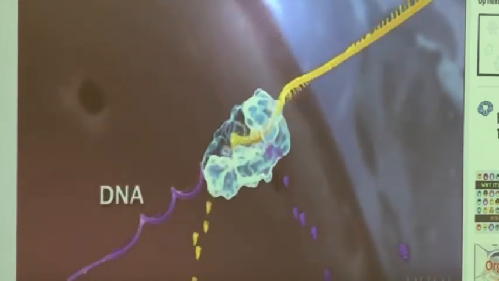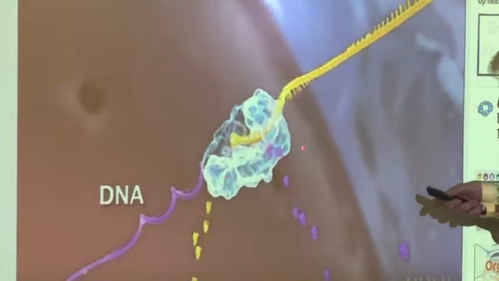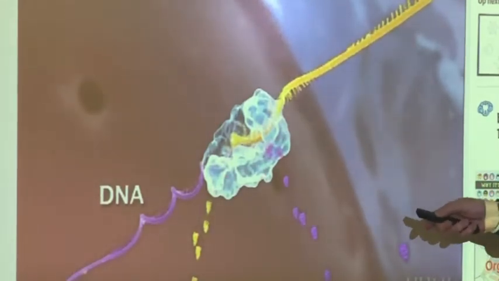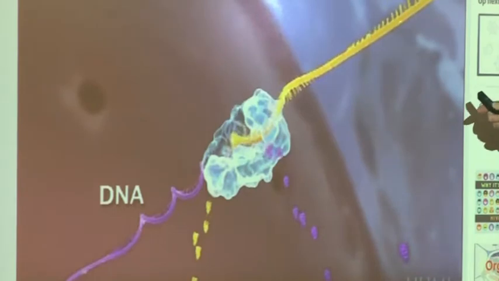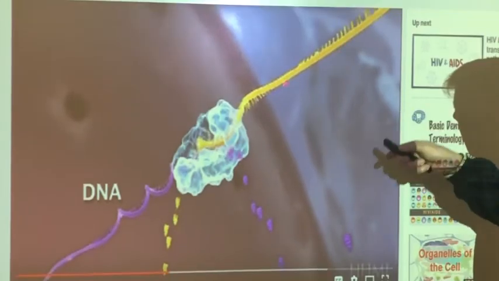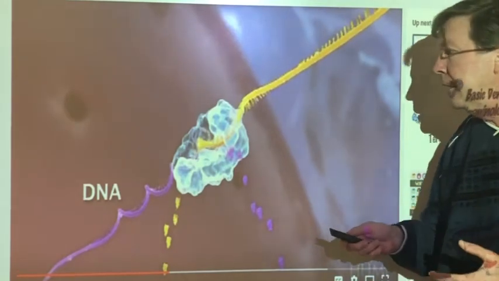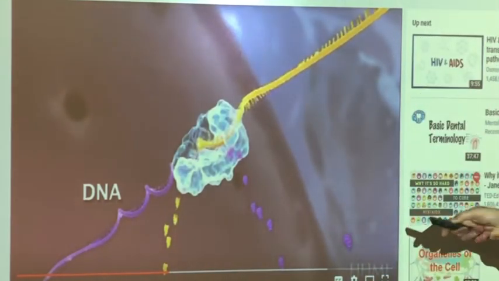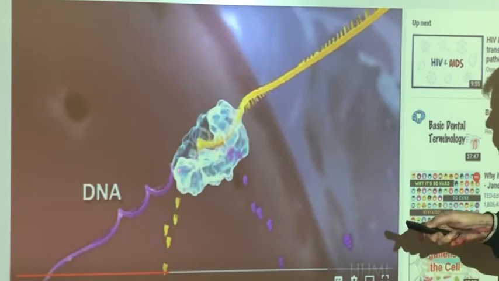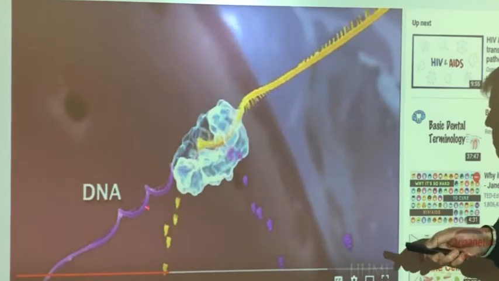So look at what's going on here. So this is reverse transcriptase. This is viral RNA. Notice reverse transcriptase is converting this viral RNA into DNA. So this is viral DNA.